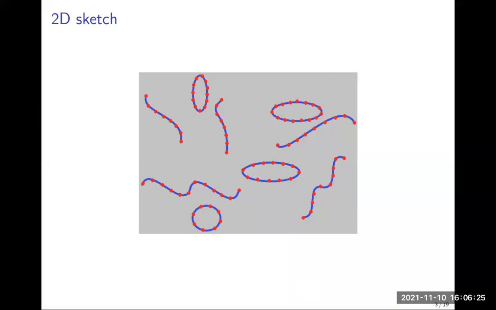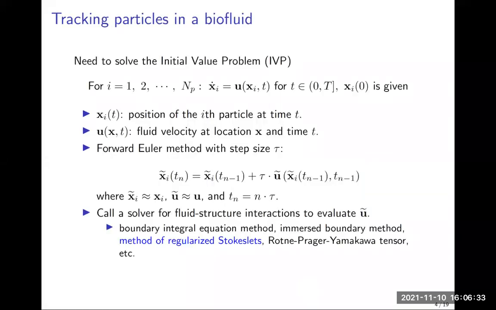And usually we're interested in simulating these structures for a period of time, which means we need to track a number of particles in this fluid. And by particles, it could mean grid points on the structures that you've just seen, these red dots, or it could be passive tracer particles in the fluid that's not on the structures themselves. In either case, we need to solve an initial value problem, the following.